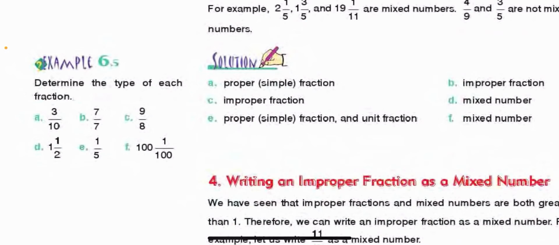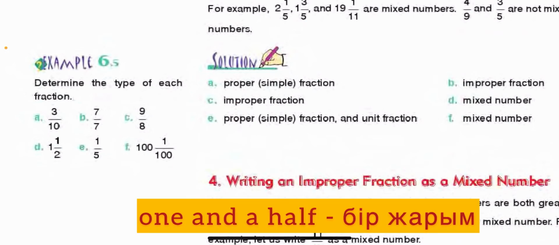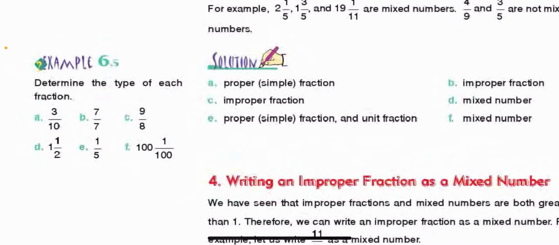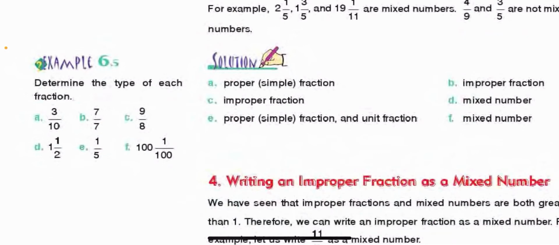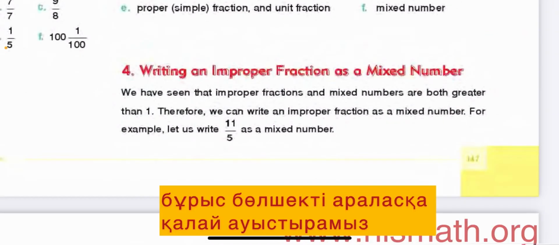D, 1 1/2, mixed number. 1/5, proper fraction or simple fraction, and unit fraction, because it is 1/5. F, 1 1/100, mixed number.